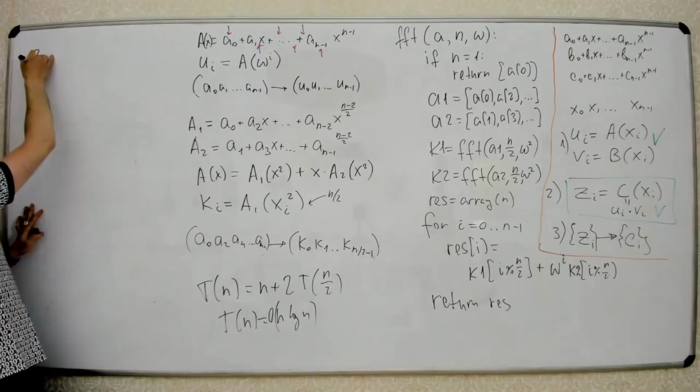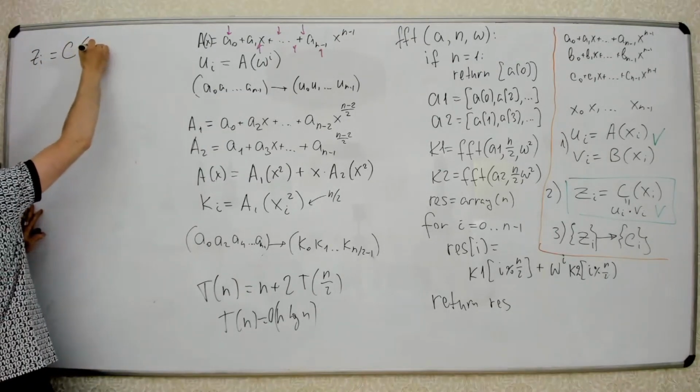Let's say that z_i is the value of polynomial c in point w to the power i.